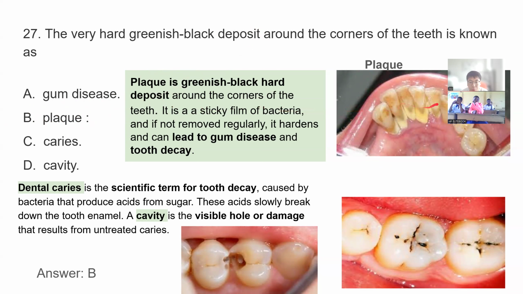It is a sticky film of bacteria, and if these bacteria are not removed regularly, it can harden and can lead to gum disease and tooth decay. Dental caries is a scientific term for tooth decay, and it is caused by bacteria that produce acids from sugar.